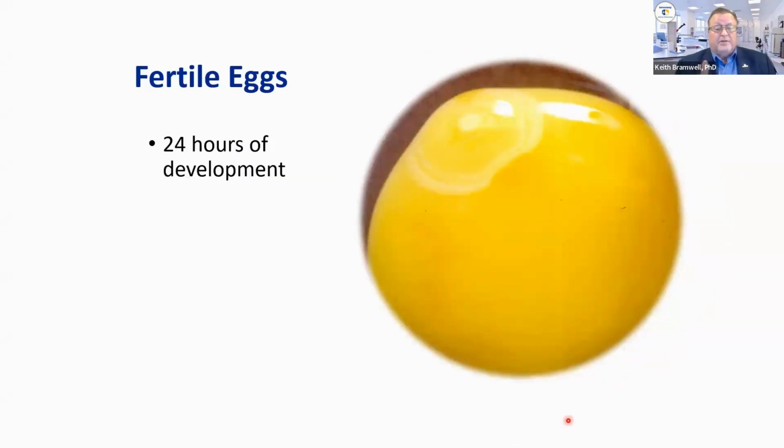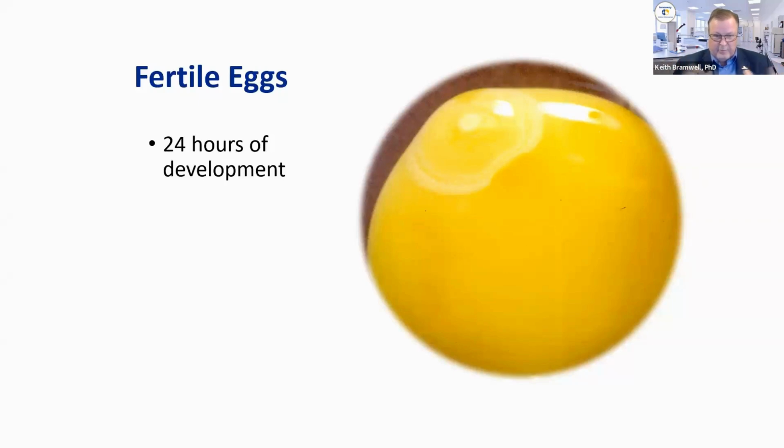If we were to continue to let this grow, you can see the pattern where it is going to grow. That area here will completely envelop the yolk. It'll come all the way around, and the remnants of that yolk will end up inside the chick when it hatches. So this is what we're looking for, organized growth.